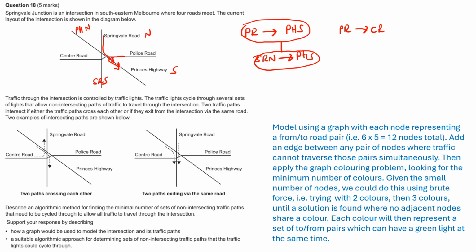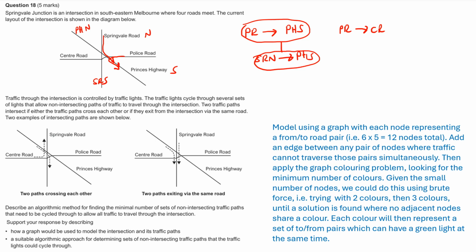Then we want to talk about the graph coloring problem. Here, with graph coloring, we're probably thinking simulated annealing or backtracking. It's not very many nodes, so we can probably do this with backtracking. And I've started by saying exactly how we would do that. Start with 2 colors, 3 colors. I could probably go, for this answer, maybe go into a bit more information on what that means for brute force or backtracking. But hey, you may get away with it.